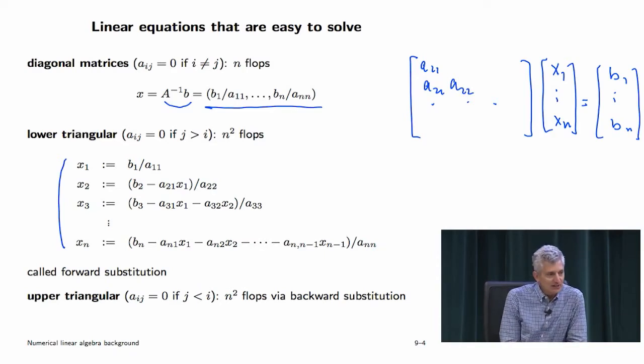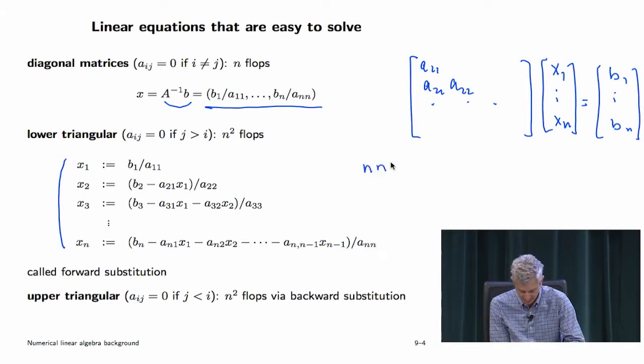This is really interesting when A is sparse, because when you have a lower triangular sparse matrix, go ahead and give me a rough number. For a sparse matrix, a very important attribute is the number of non-zeros, sometimes written NNZ.